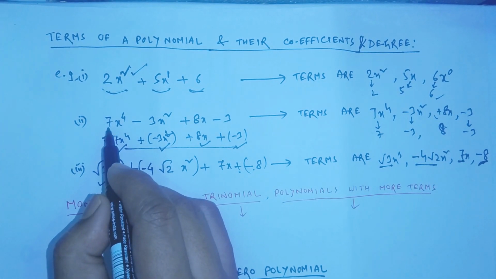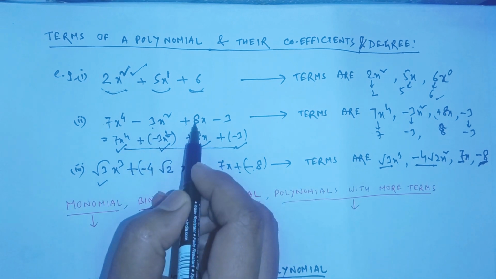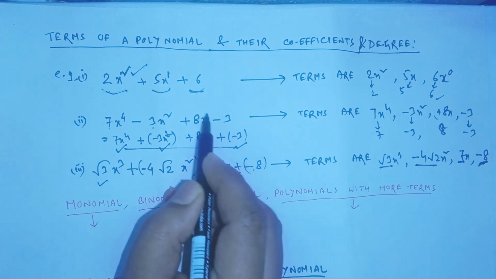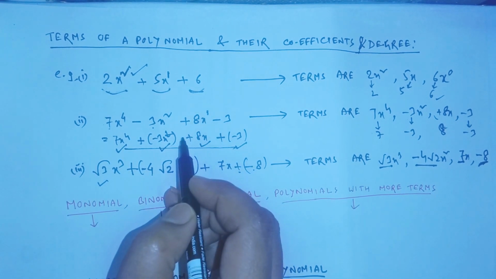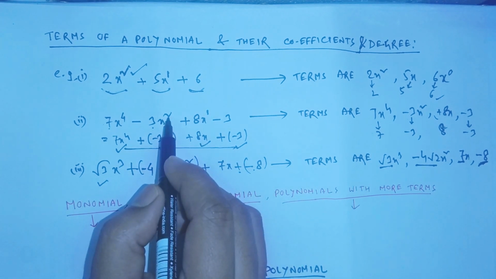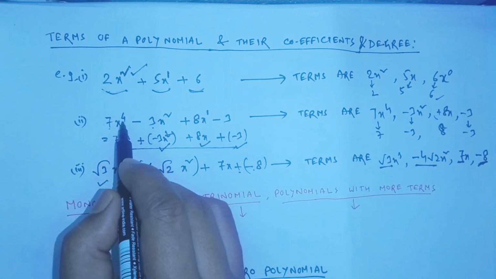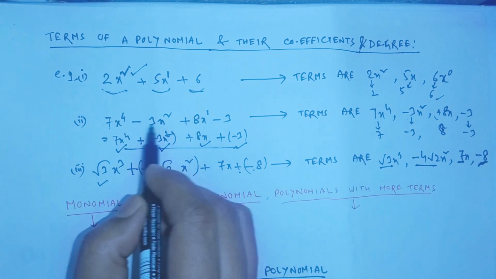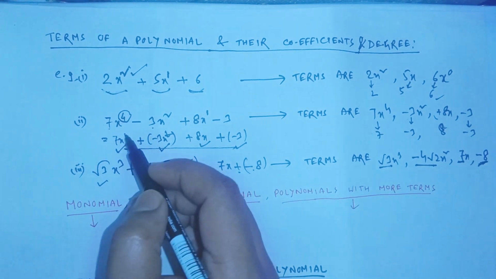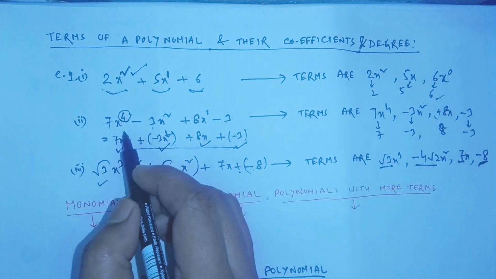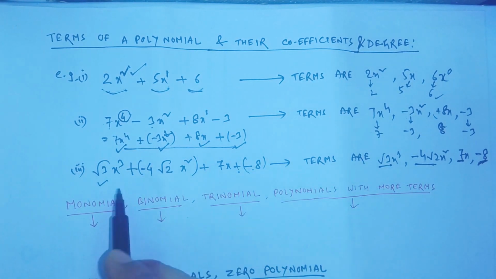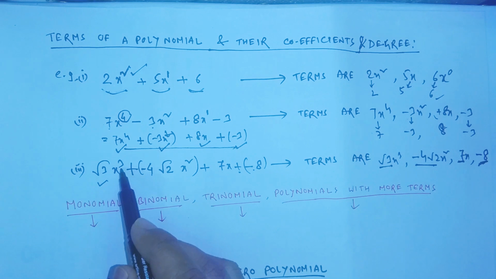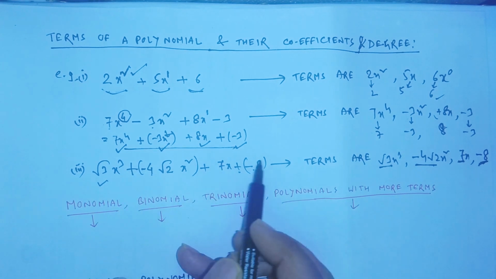This polynomial 7x to the power 4 minus 3x square plus 8x minus 3: no x, here x, that exponent is 1, here the exponent is 2, here the exponent is 4. 1, 2, 4. Out of all these exponents, the biggest is 4, so 4 is the degree of the polynomial. Next example, root 3x cube, x square, x, no x.